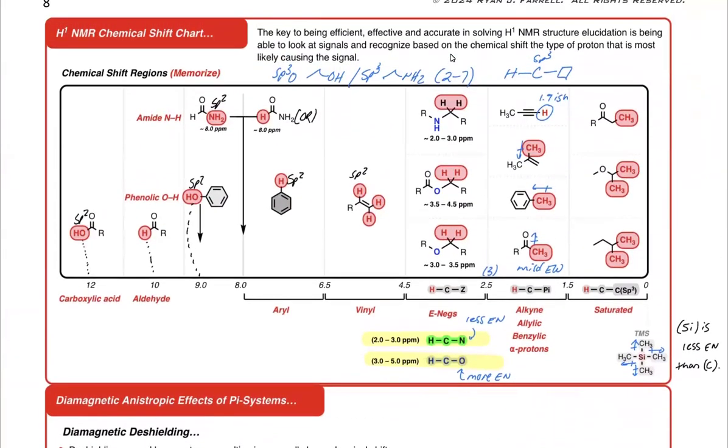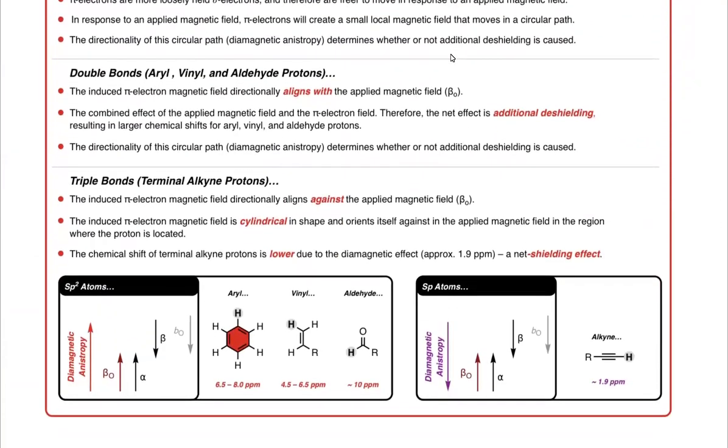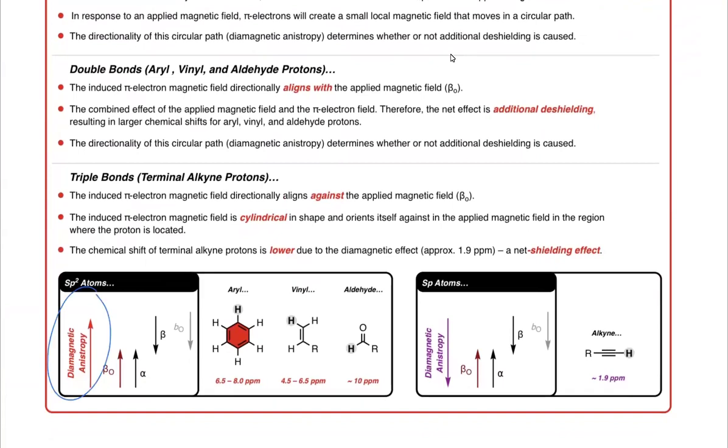Now, I want to quickly discuss why protons on sp2 systems appear especially far downfield, while, say, a proton on an sp carbon appears more upfield comparatively. This has to do with a phenomenon called diamagnetic anisotropy, which is a fancy way of saying that the pi magnetic field, which is independent of the sigma field, is creating its own local magnetic environment, and that's having an effect.